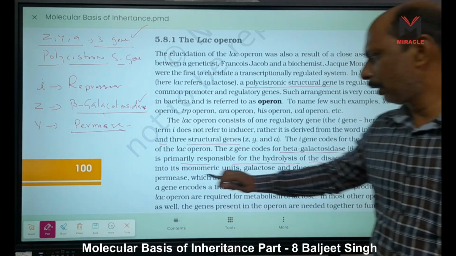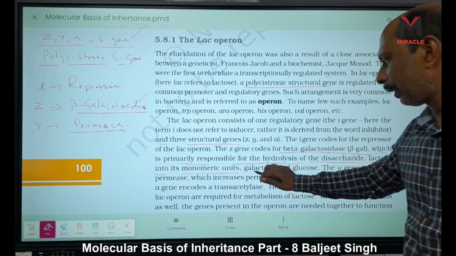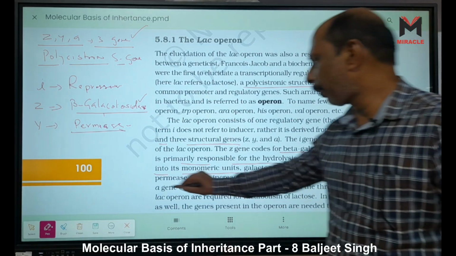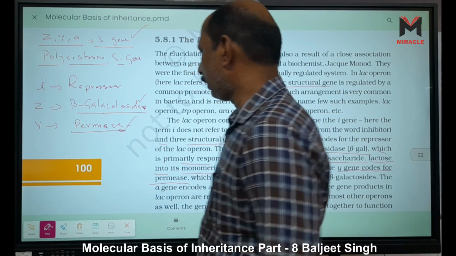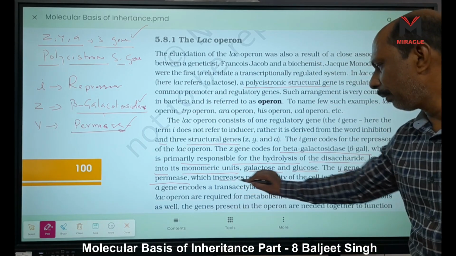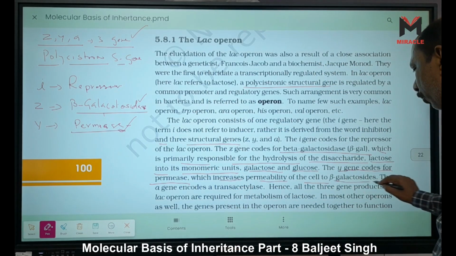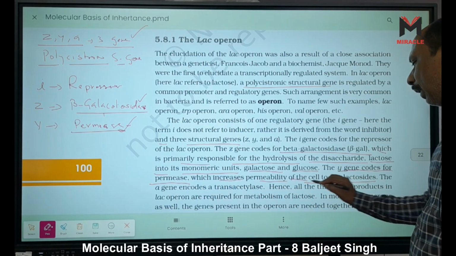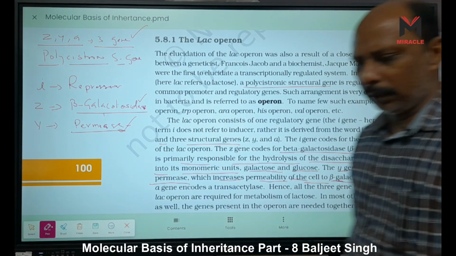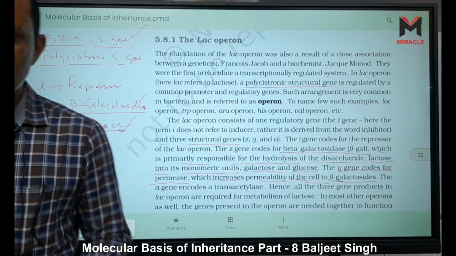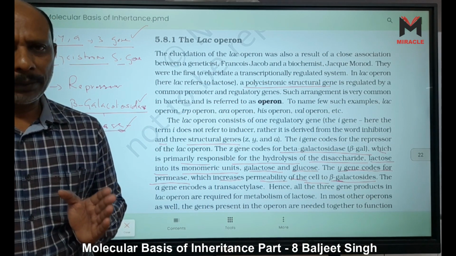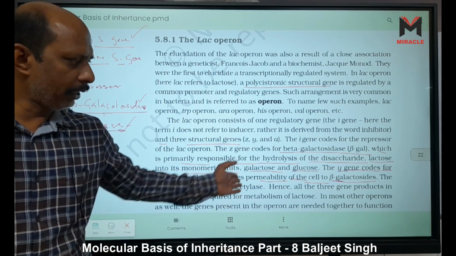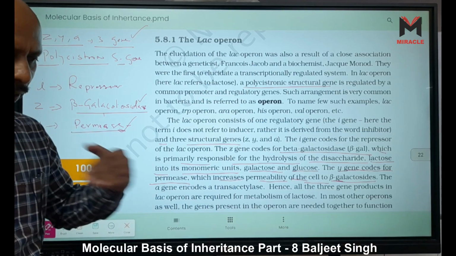Lactose means milk sugar, broken into its monomer units, galactose and glucose. The Y gene codes for the permease enzyme, which increases the permeability of the cell to beta galactosidase's substrate. Beta galactosidase is responsible for the catabolic process, means it digests the lactose sugar, but first the lactose has to be transferred across the cell wall.